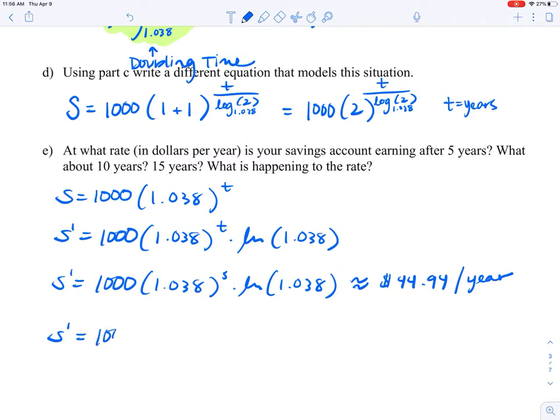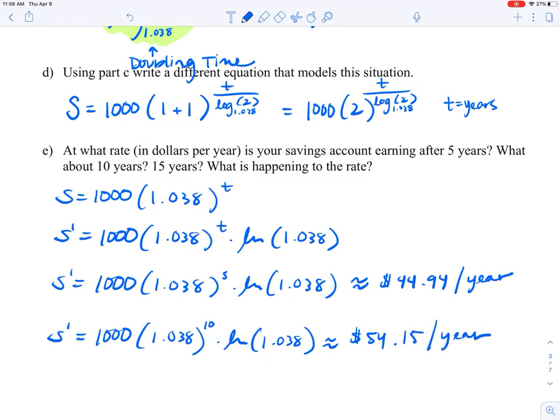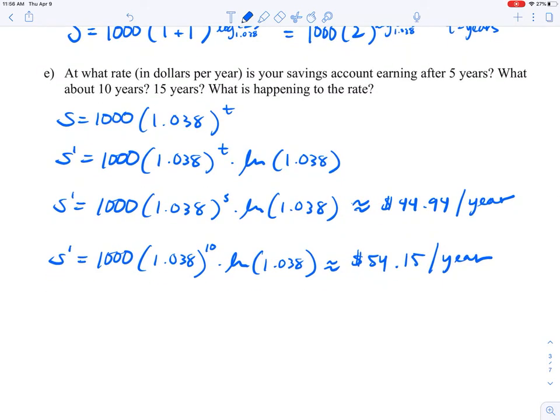Okay, and then we're asked, what's the rate after 10 years? So we'll plug 10 into the derivative. And we get approximately $54.14 per year. And what about after 15 years? What's the rate?